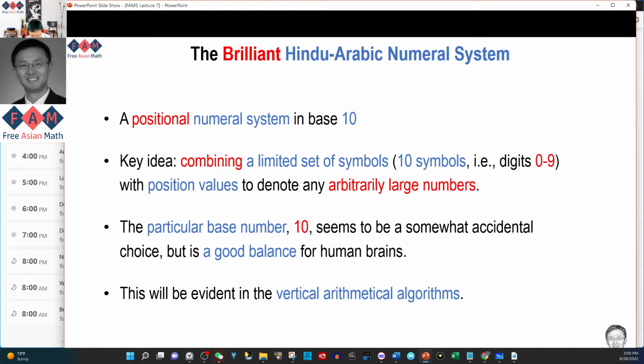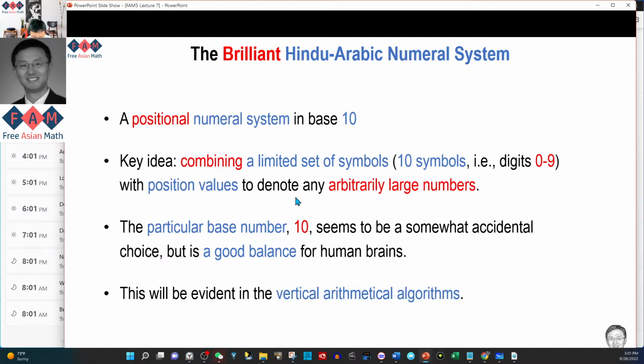The fact that 10 is a good choice will be evident in all the vertical arithmetic algorithms. We will study one today, that is addition, but you will see the same thing in multiplication as well. Because subtraction is the inverse of addition, and division is the inverse of multiplication, that also applies to subtraction and division. 10 is a good choice.